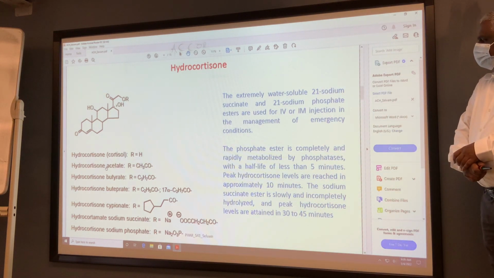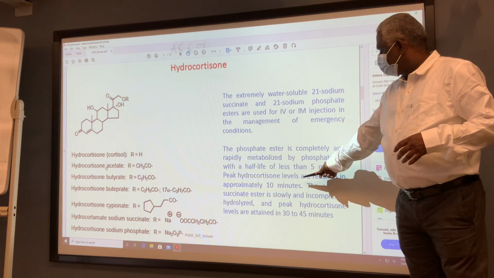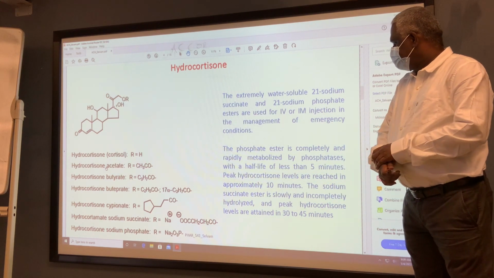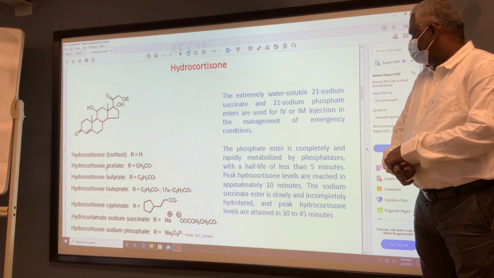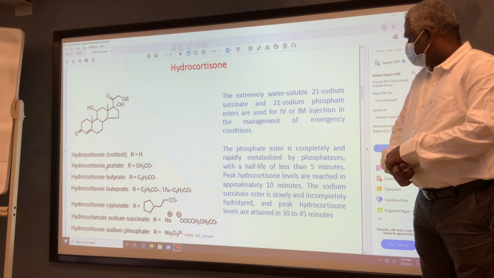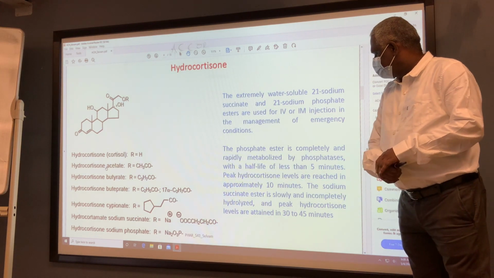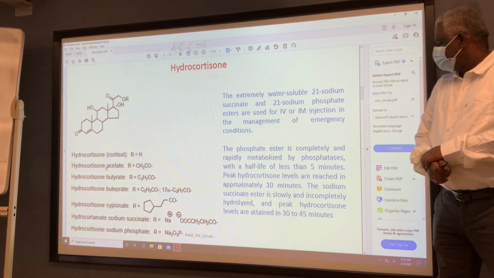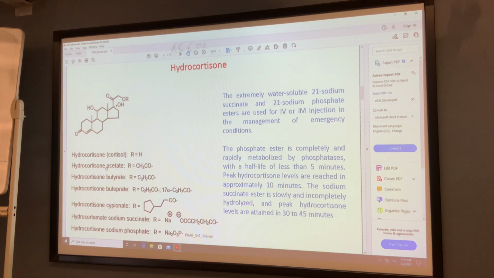So for emergency use, the phosphate is more suitable because of the fast hydrolysis of the phosphate bonds by phosphatase, in comparison with the slow hydrolysis of succinate by esterases. So the one suitable for emergency is the phosphate prodrug, not the succinate.